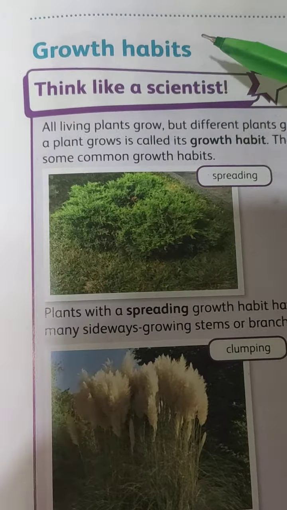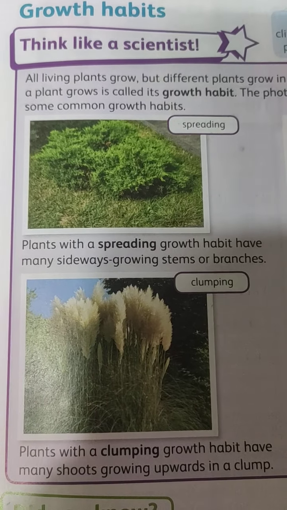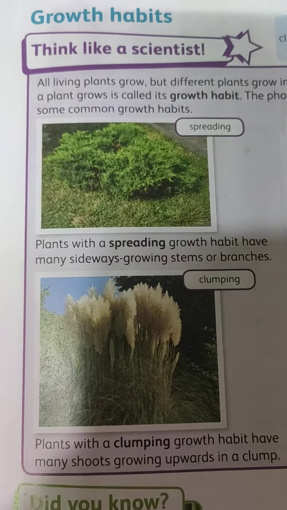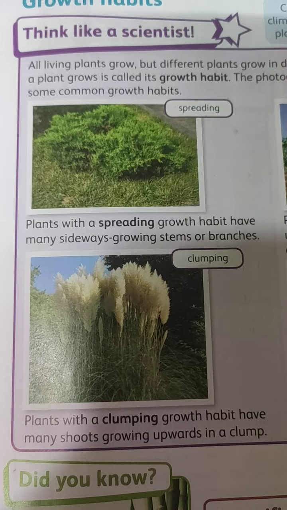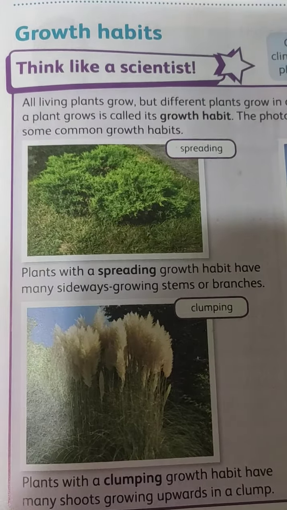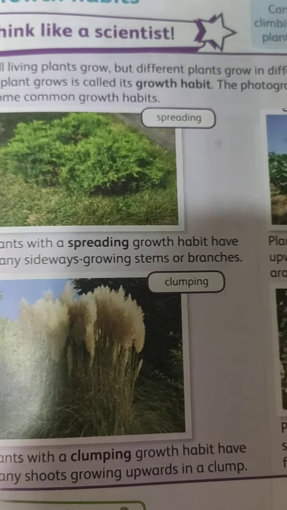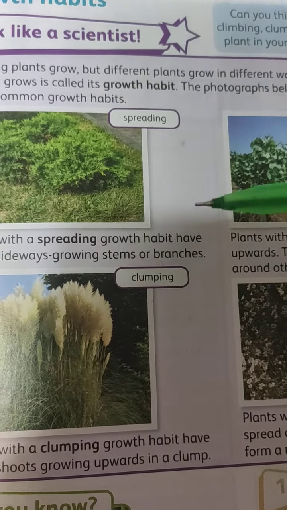Every person has particular habits, right? Someone has the habit of waking up early, and others have the habit of waking up late, right? In the same way, different people have different habits. So our living plants also have some habits.